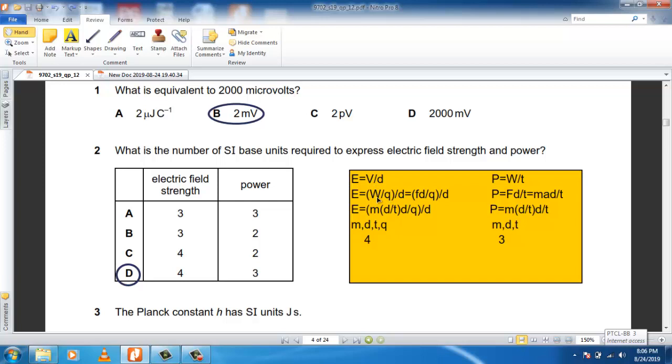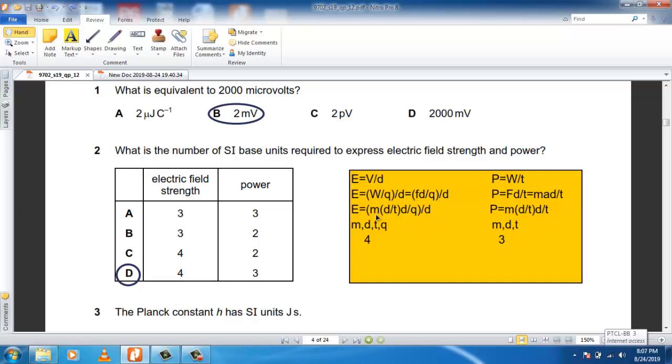Further, work done is FD over Q, divided by D. So you can write F as MA, so A into D over T square.